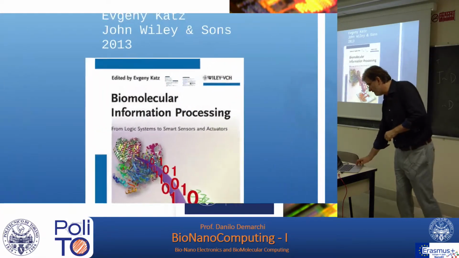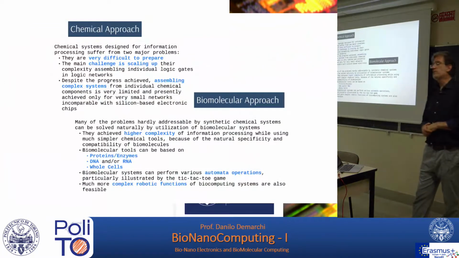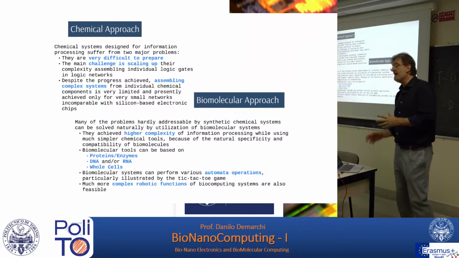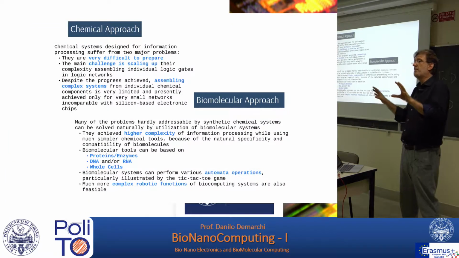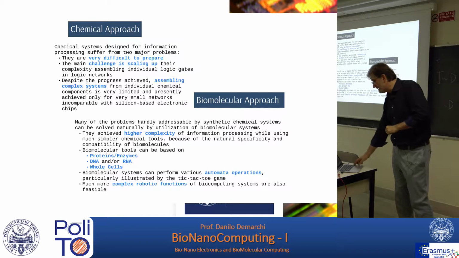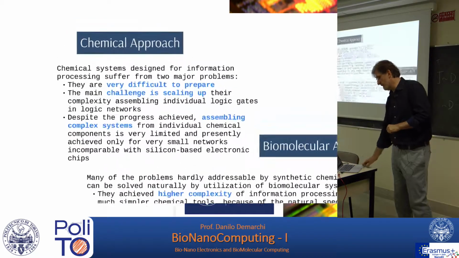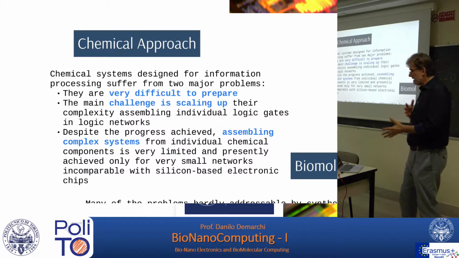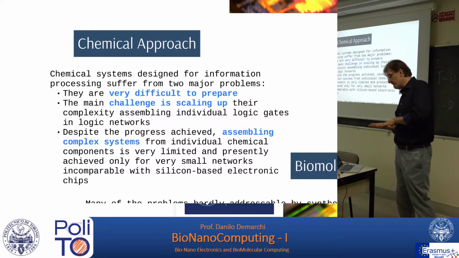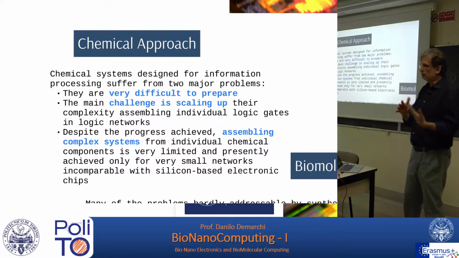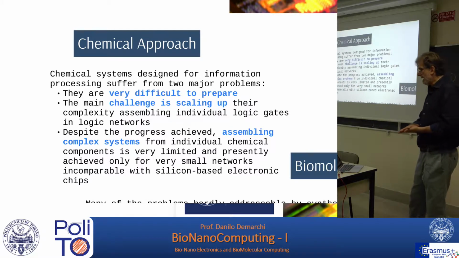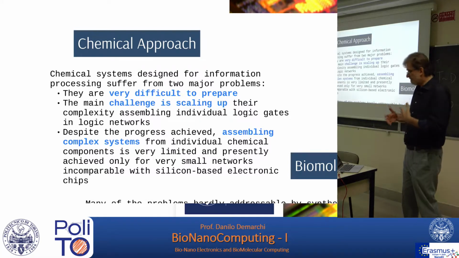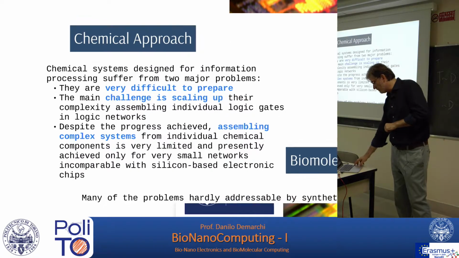Then, after we do a small break, I can have two main approaches, the chemical approach or the biomolecular approach. The chemical approach is more difficult to prepare, it is difficult to scale up and down, and in terms of chemistry, maybe it is a little bit more complex.